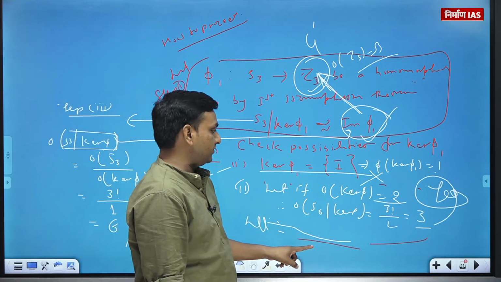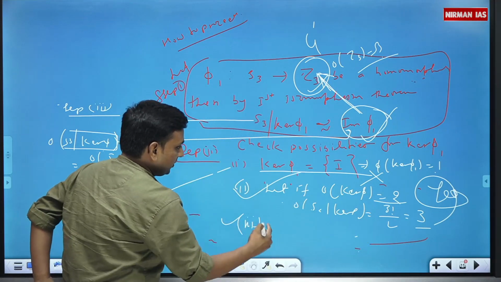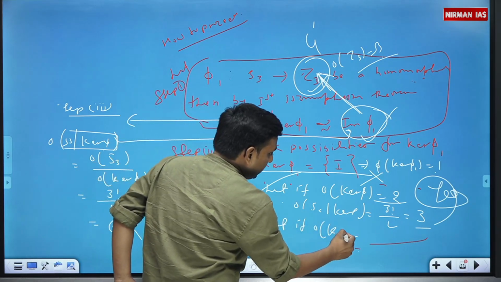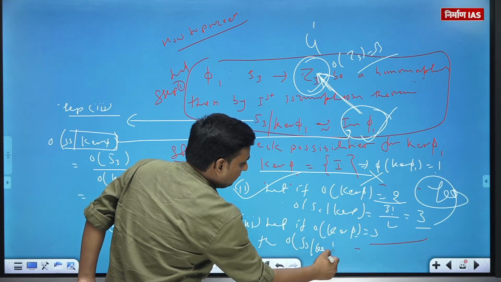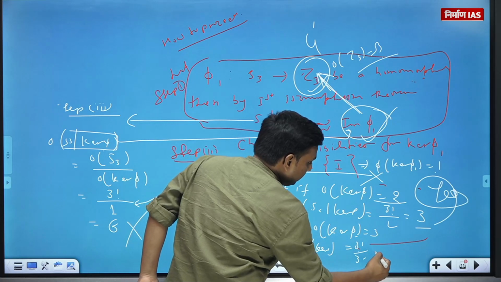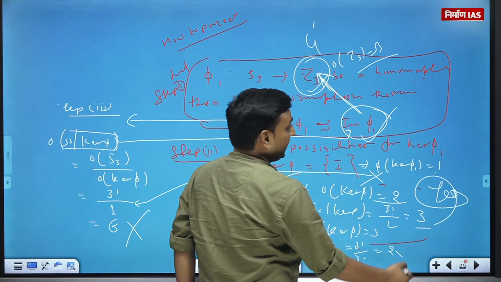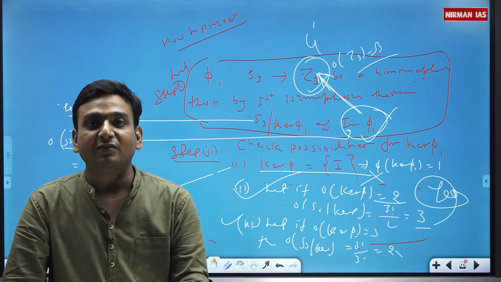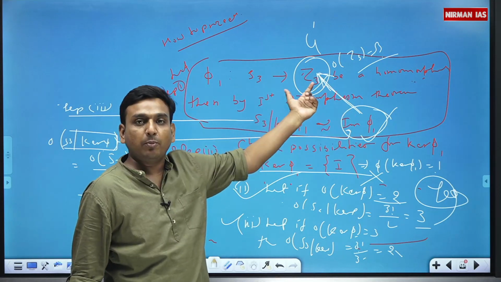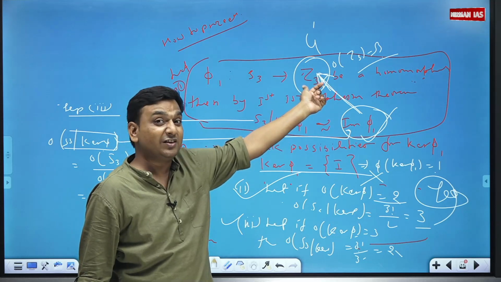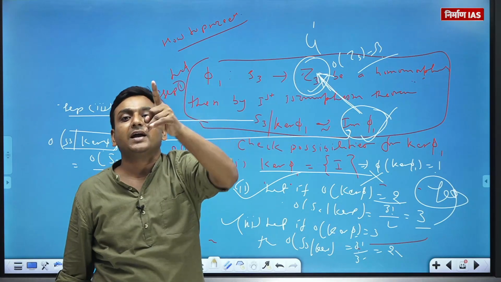If the kernel is of order 3, let's write it down. One homomorphism we got; the second one: let the order of kernel phi be 3, then the order of S3 by kernel phi will be 3 factorial divided by 3, that is 2 only, and is order 2 possible in Z3? The image of phi is a subgroup of this G dash, which is Z3. Then the order of image phi must divide 3 by Lagrange theorem.